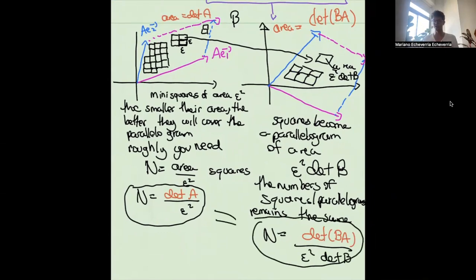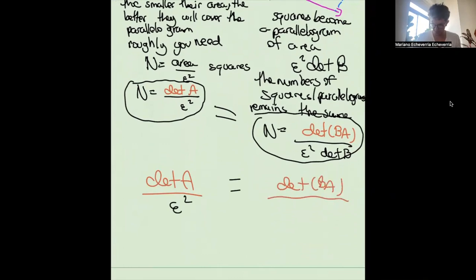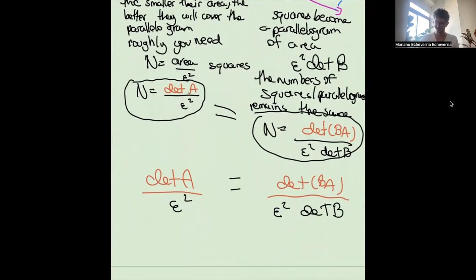And since these two numbers are the same, the same n, you get that the determinant of A over epsilon squared equals the determinant of V times A over epsilon squared determinant of B. And I don't know if anyone can solve this equation, right? Like you can cancel the epsilon squares.